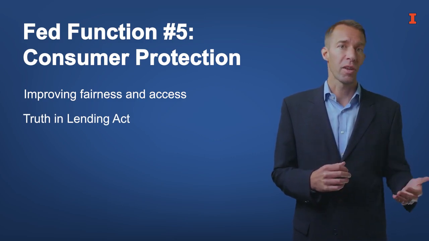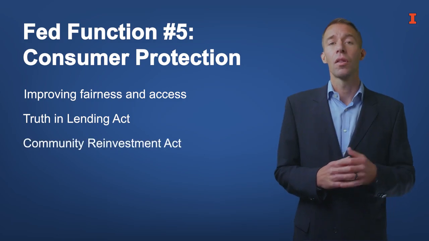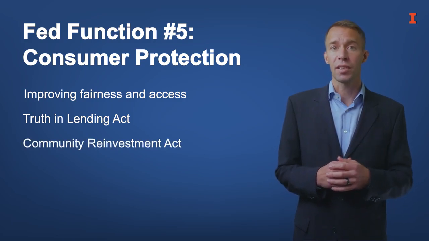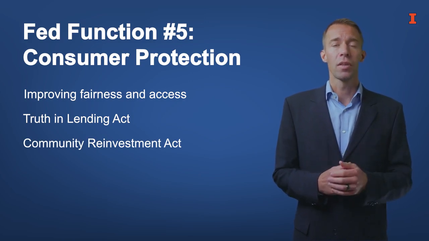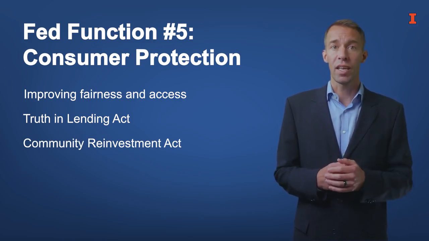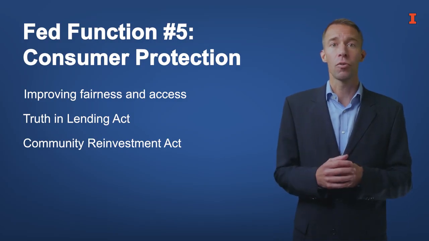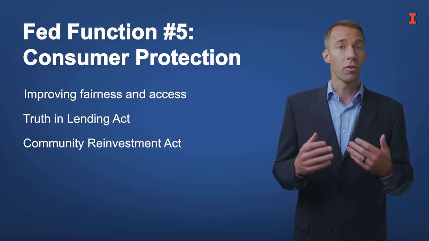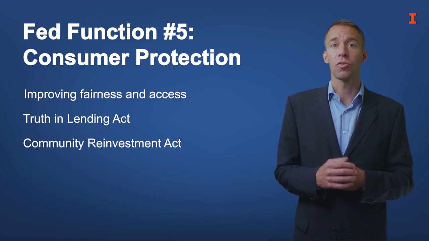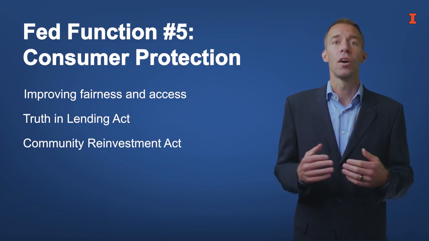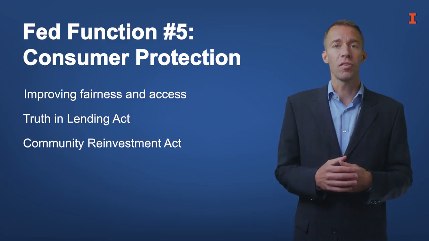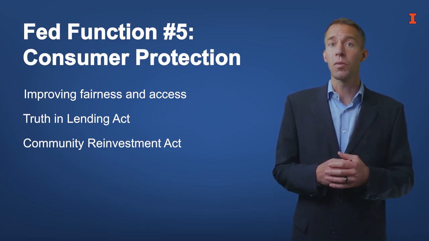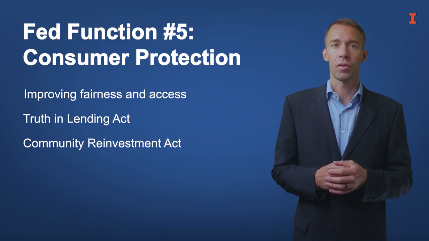This is about transparency and fairness. The Community Reinvestment Act is another important example. Under this rule, the Federal Reserve collects data on how much credit flows to communities and encourages financial institutions to provide access to credit for the entire communities that they serve. This includes lending to low and moderate income neighborhoods.